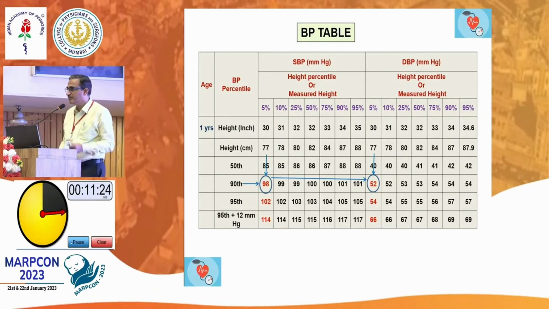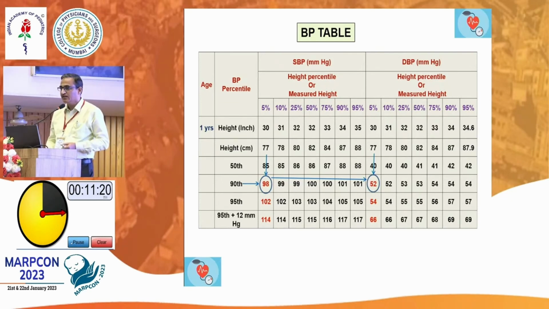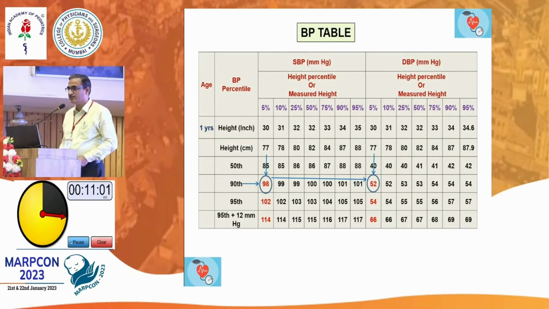These 4 values will give us idea about the different 4 categories which we have already seen in the definition. The 50th percentile value will give us idea about the average normal blood pressure for that particular age. 90th percentile value will give us idea about the elevated BP. 95th percentile value will give us idea about the stage 1, and 95th plus 12 millimeter of mercury will give us idea about the stage 2 hypertension.